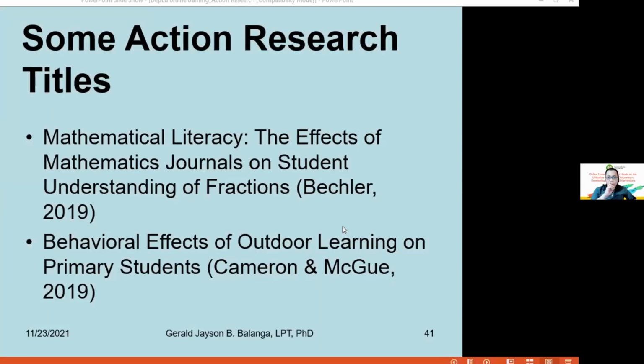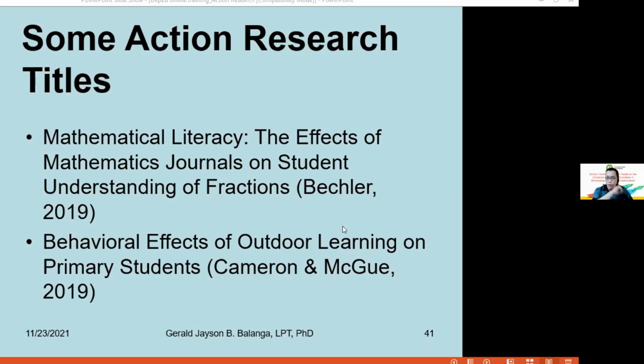So here are examples of action research titles. One is the use of mathematics journals to improve students' understanding of fractions. 2019 yan, recent yan. Or the behavioral effects of outdoor learning on primary students.